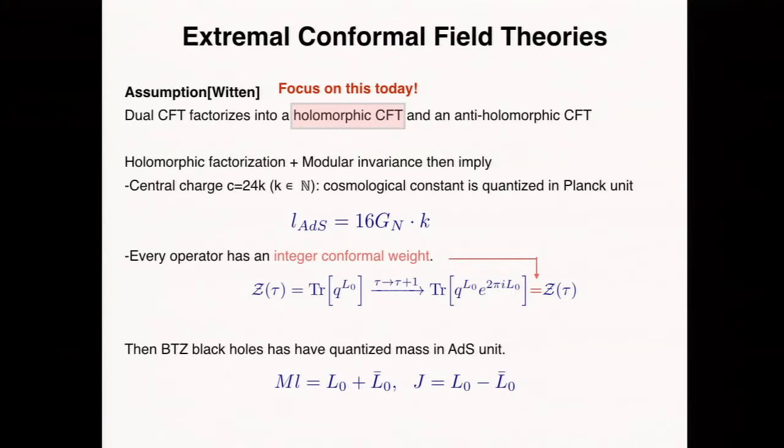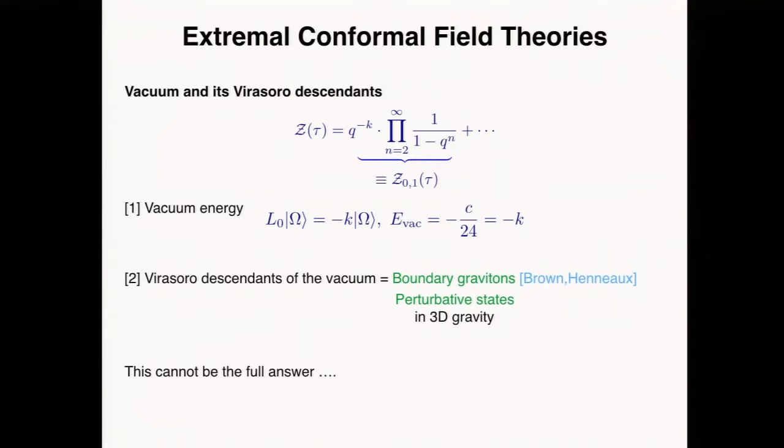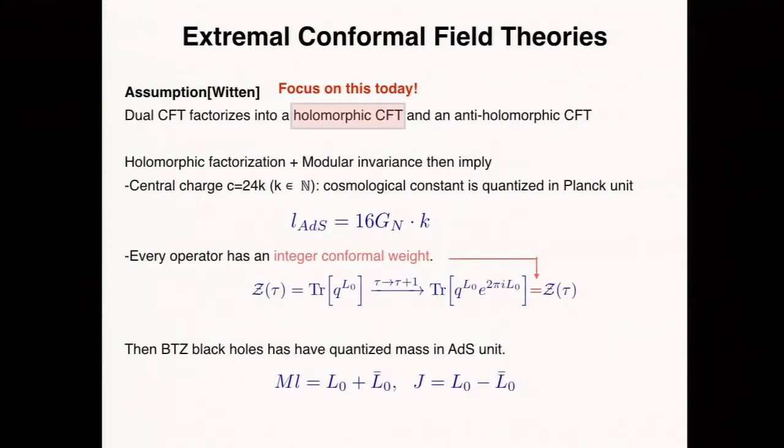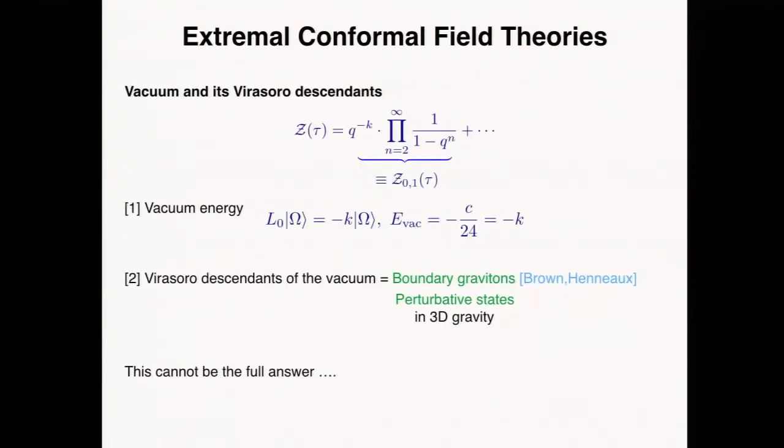And then the BTZ black holes' mass and angular momentum are quantized in AdS units. Now look at the vacuum contribution to this partition function. It is made of the vacuum energy contribution plus the Virasoro descendants, and this product starts from n equals 2 because the vacuum is invariant under the SL(2,Z) Virasoro subalgebra.